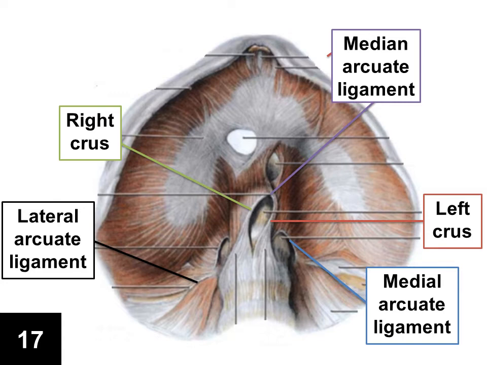The medial arcuate ligament is a condensation, a thickening, of the upper part of the fascia covering the psoas major muscle. And the lateral arcuate ligament is a condensation, a thickening, of the upper part of the fascia covering quadratus lumborum.